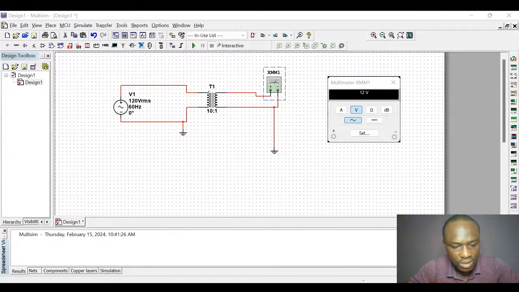Let me even write it: set the video quality. Is it clear now?